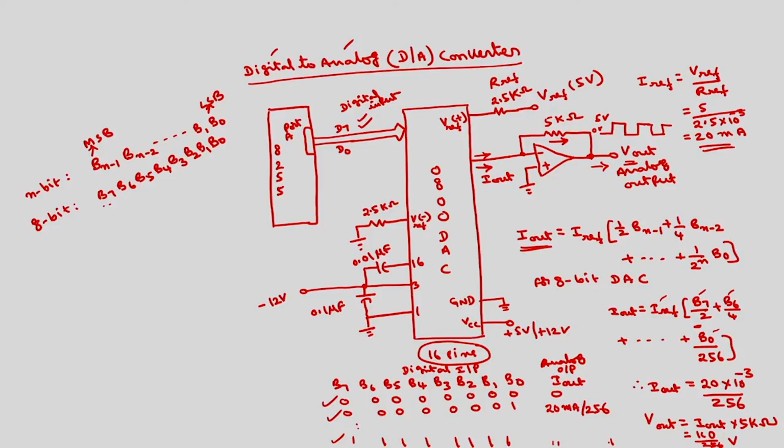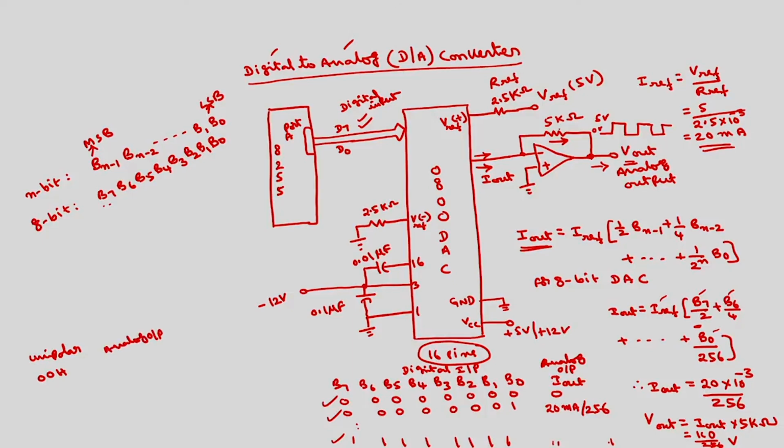Similar to the A to D converter, here also we have unipolar, where 00 H corresponds to 0 volts analog output.